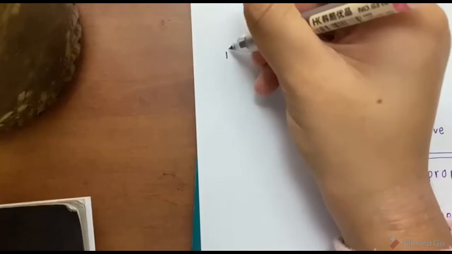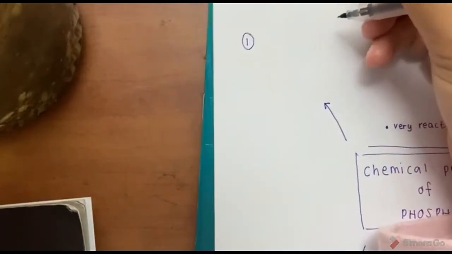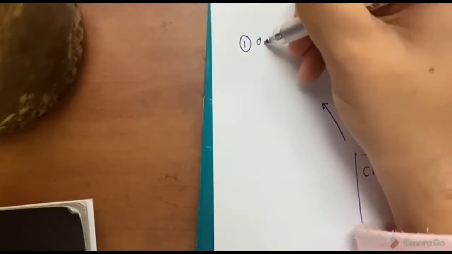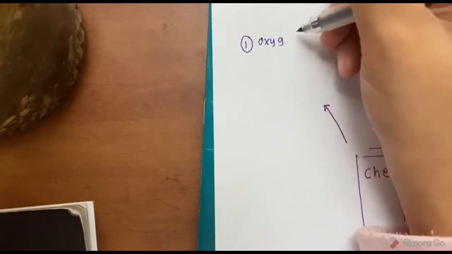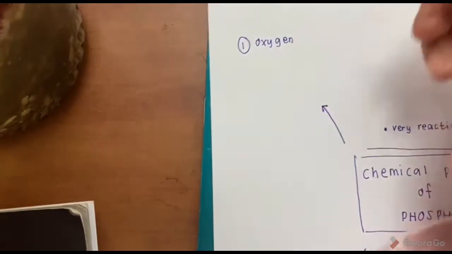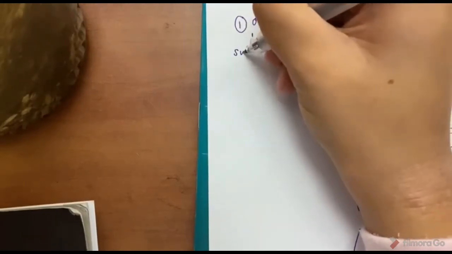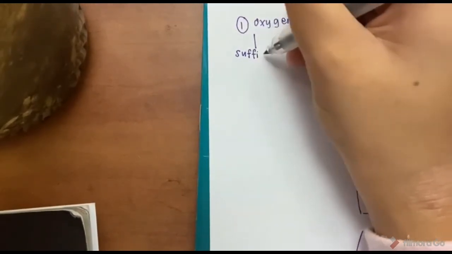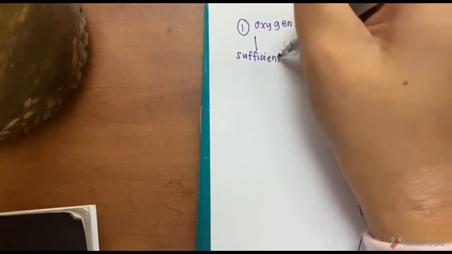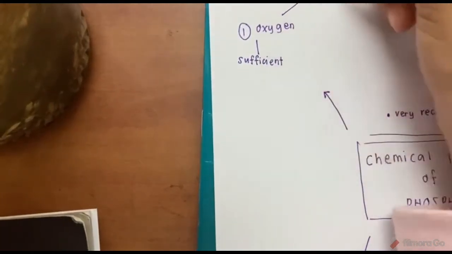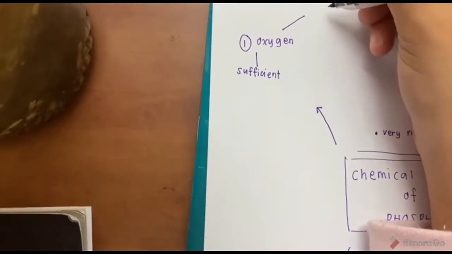For the first part, phosphorus will react with oxygen, which will be sufficient and sometimes insufficient in our life.